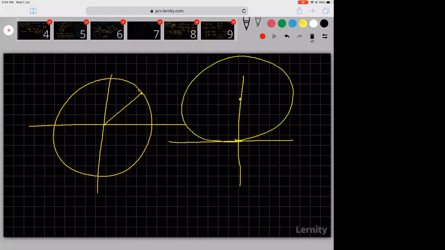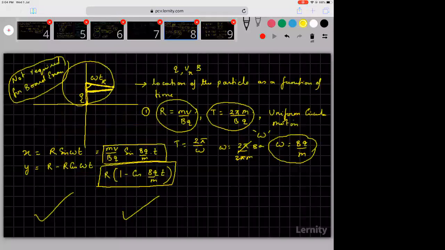Now the particle is here. If the particle is here, then this much would be the x coordinate, and this much would be the y coordinate. Now this is r cos theta, and the full thing is r. So r minus r cos theta is the y coordinate, while the x coordinate is r sin theta. Clear? Okay.